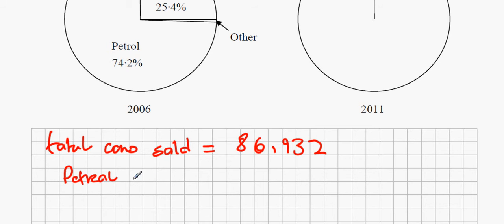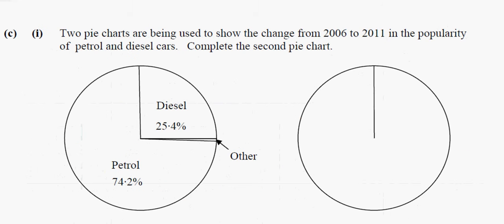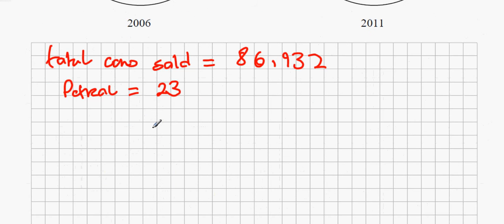So petrol was 23,000, so just keep going back and referring to it: petrol was 23,000, diesel and other. Okay, so we need to find out what portion of the chart these should take up. Okay, so petrol was 23,246 divided by 86,932.